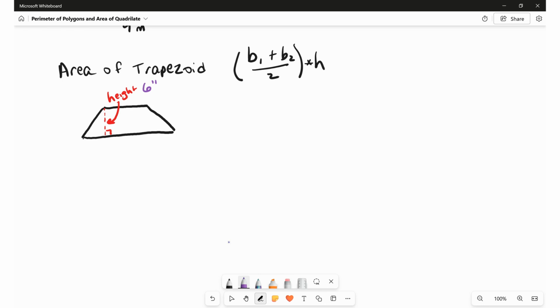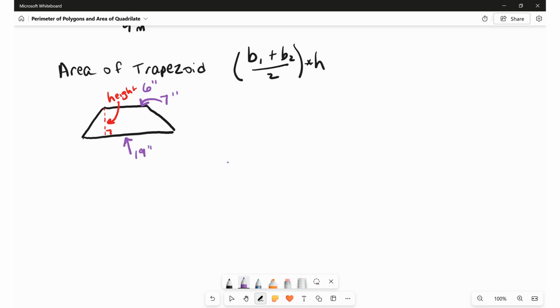And we are told that this length here is, say, 7 inches. And this length here is 19 inches.